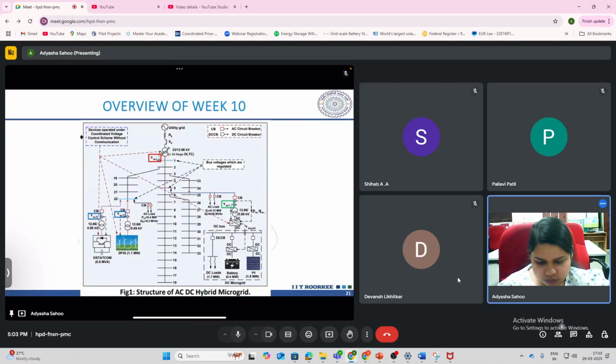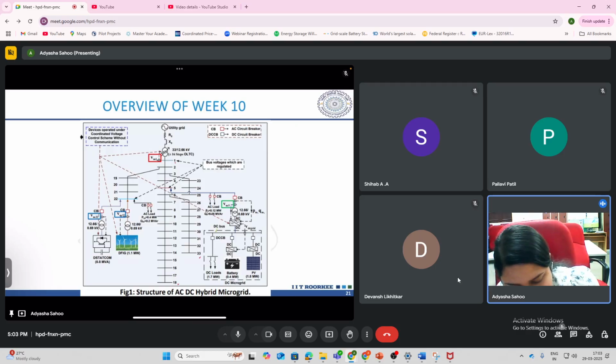So this is the test system. You see it is a 33 bus test system. You have buses from 1 to 18 here, again 19 to 22 and 33. So various sources are connected here.